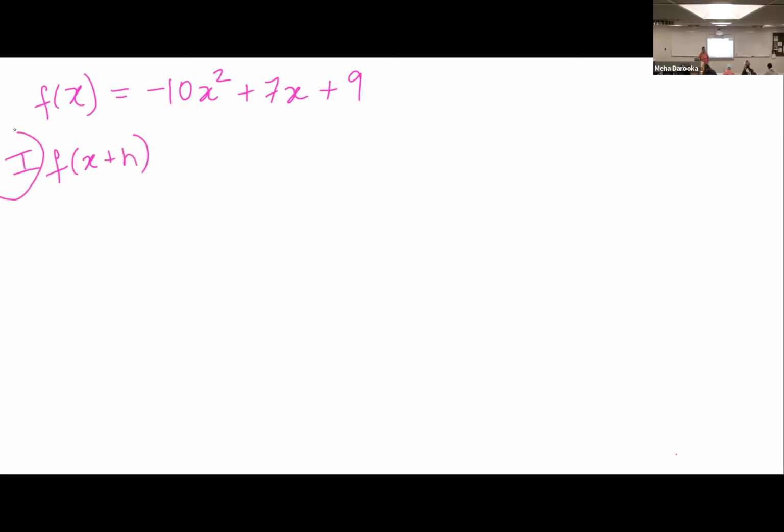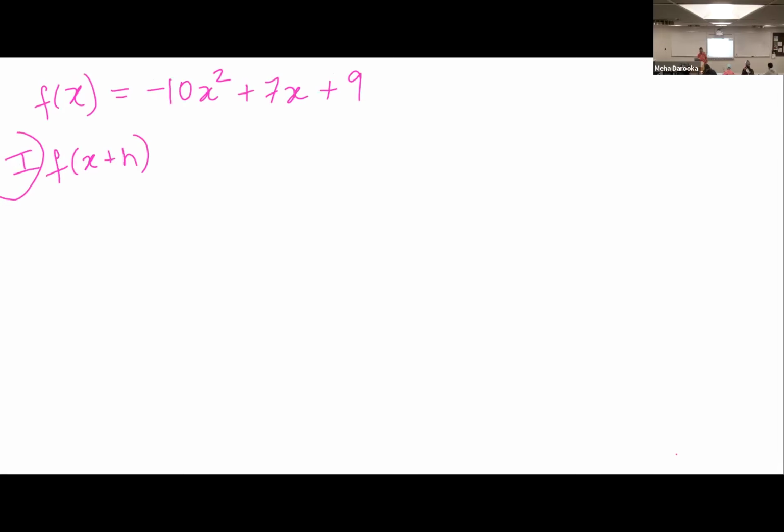All right, guys, so our function is f of x equals negative 10x squared plus 7x plus 9. Okay, so step 1 is finding the f of x plus h function.